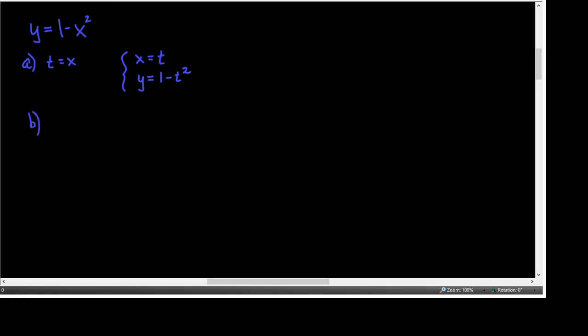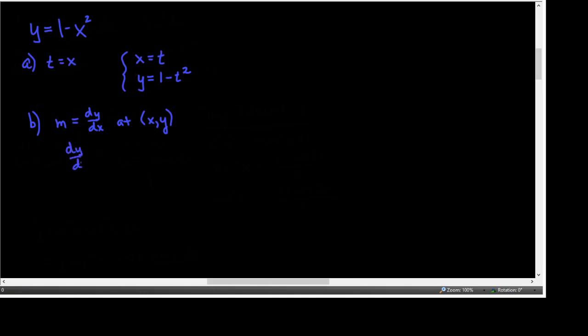Now this one is a little bit different. They want the slope m to be our parameter, where m is dy/dx, the derivative, at the point (x, y). Okay, so that means I need to find out what dy/dx is.